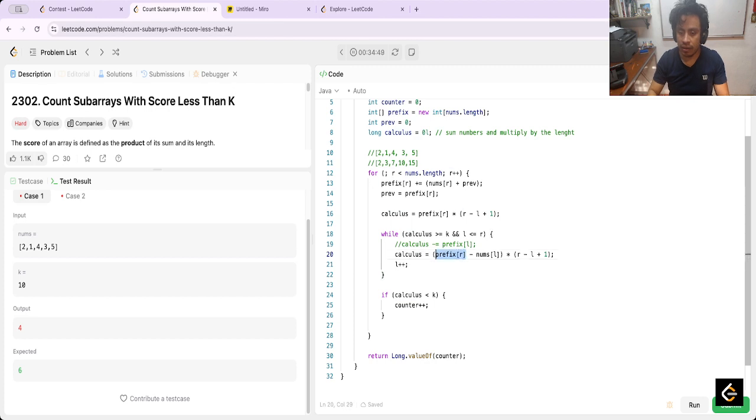I think that it's like this. Prefix in the position R, 7 less nums in the position L, 2 plus 2, basically is cancelled, still 7. At least for this is 7, multiplied by 3 is 21.